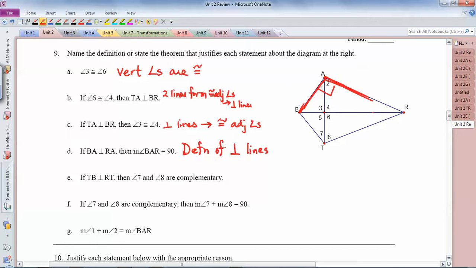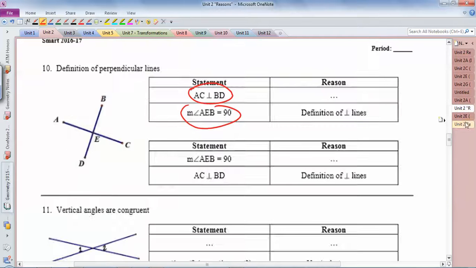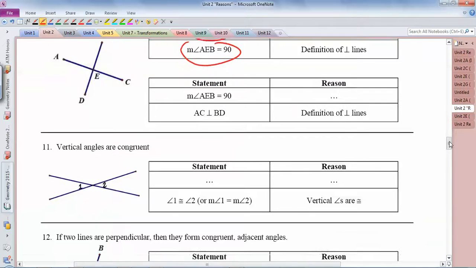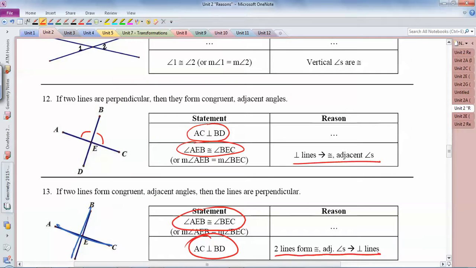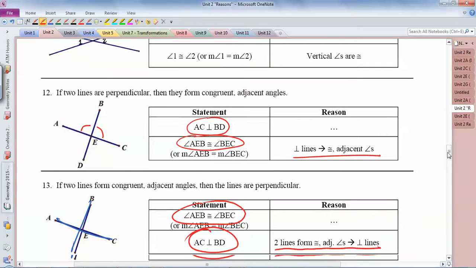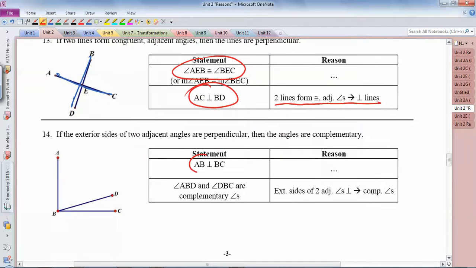Okay, let's see. Next one says, if this is perpendicular to this, RT, then angles 7 and 8 are complementary. So if we come back over here to our reasons, this says, if perpendicular, then you get one 90-degree angle, so that's not the same. This says, if perpendicular, then you get congruent angles, so that's not the same. This one says, if perpendicular, then you get complementary angles.